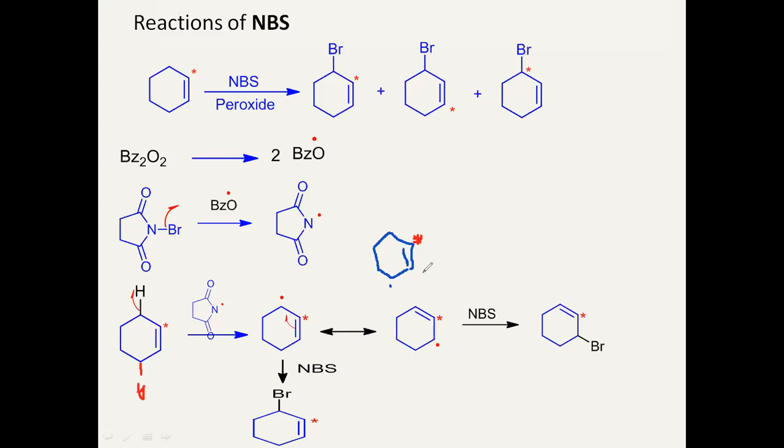Instead of this side, this bond breaks this side, and we will get the new radical at this labeled carbon, and this labeled carbon then reacts with NBS, and there is a delivery of bromine at the labeled carbon.